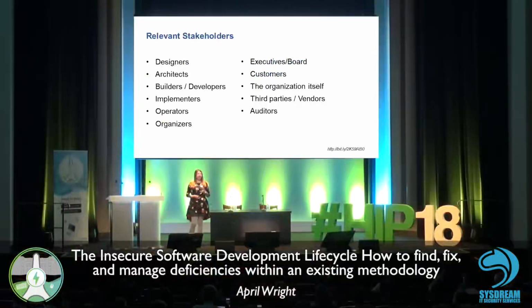People that are involved in software, this is just some of them. In particular, customers are very important. They're the ones that pay us. The executives are always strong drivers of how things work. And then everybody else works to make sure that the customers and the executives are happy.